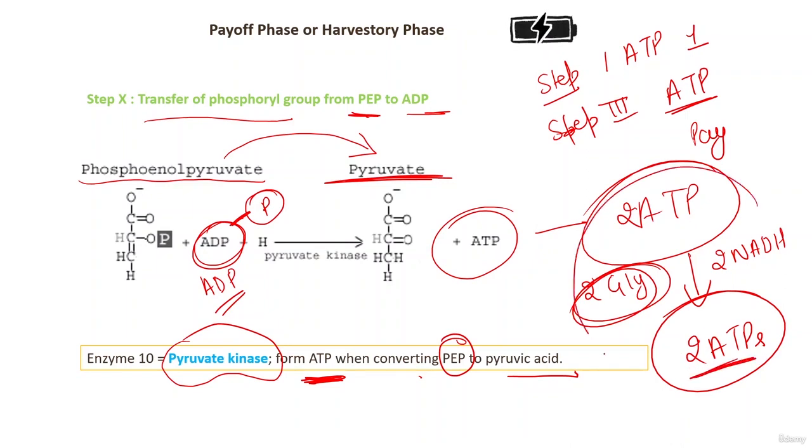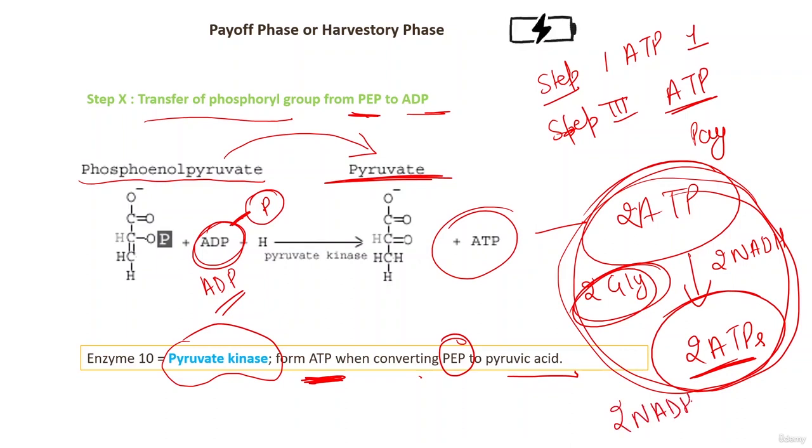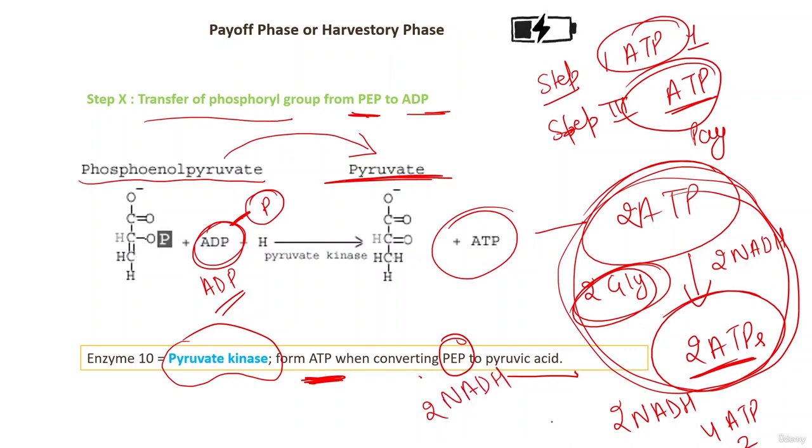So this is the total: 2 NADH and 4 ATPs. But if we subtract the 2 ATPs used, we get 2 NADH and 2 ATPs.